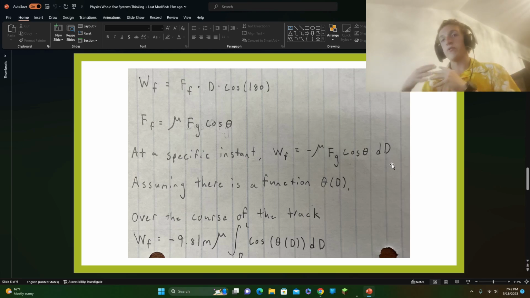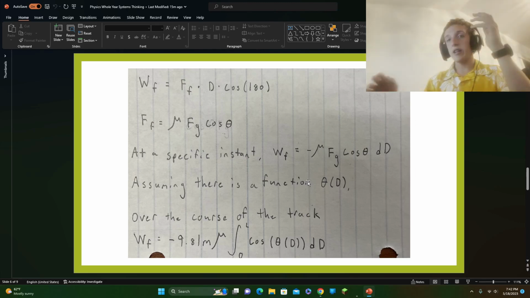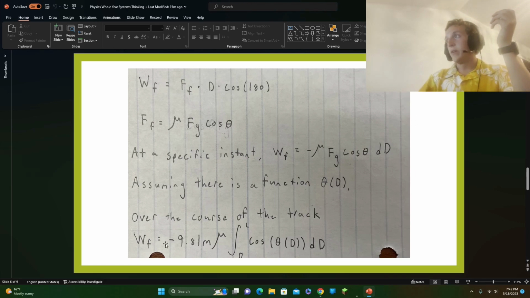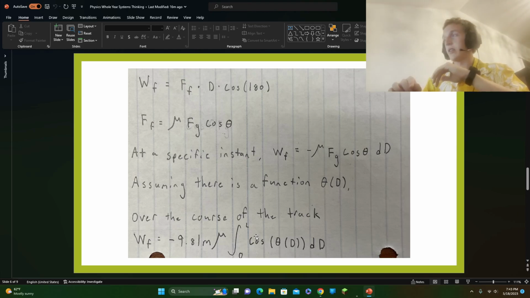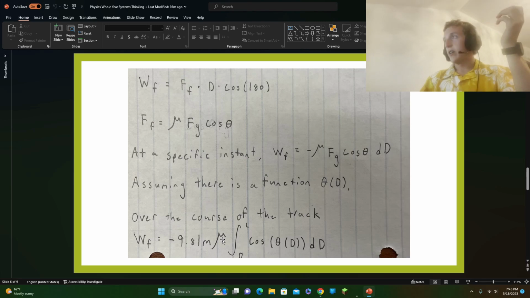And now that we have it in this form, we can use integrals to say that, assuming there is a function that gives theta in terms of the distance along the track, over the course of the track, the work of friction will be -9.81 times m, which is the force of gravity, times the coefficient of friction, times the accumulated change of the direction that the cart is going in.